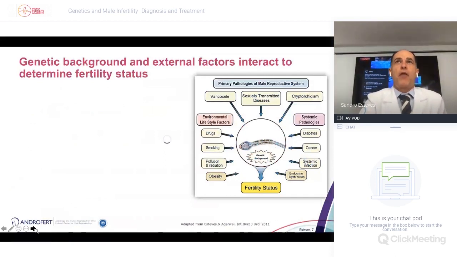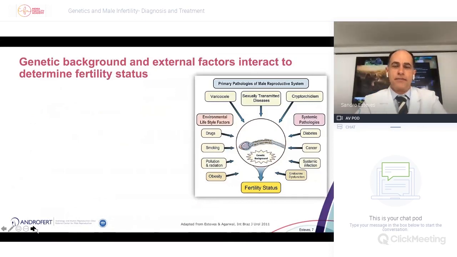If the genetic background was very good and the baseline sperm count was very high, then the influence of the external factor might not be so severe as compared to an individual with a poor genetic background, meaning that the sperm count was not so high, and then the external factors will make a more important impact.